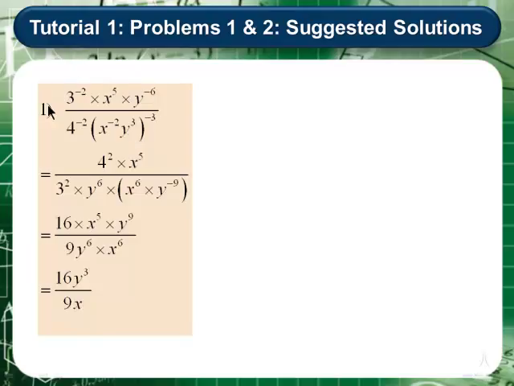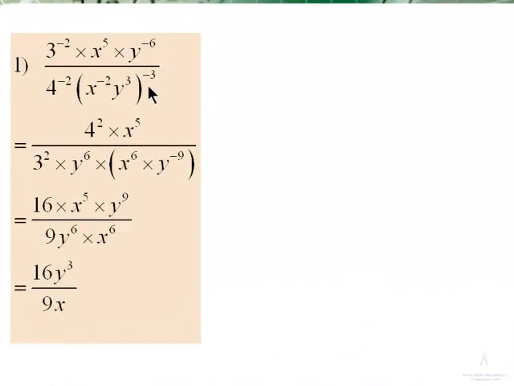This was the problem given in 1. Now, firstly, I would change all negative exponents to positive exponents. So 3 to the power minus 2 must go underneath the line, or move to the denominator position, and becomes 3 to the power 2.